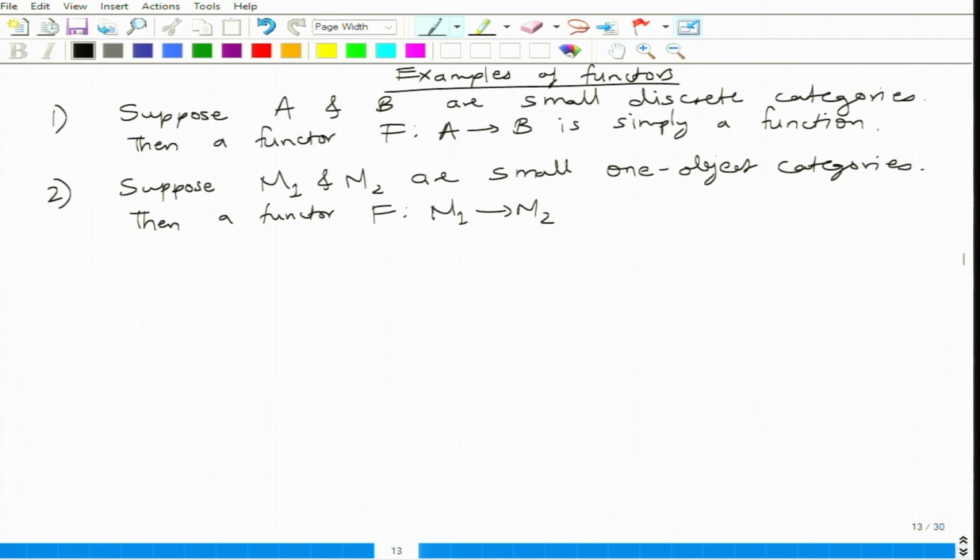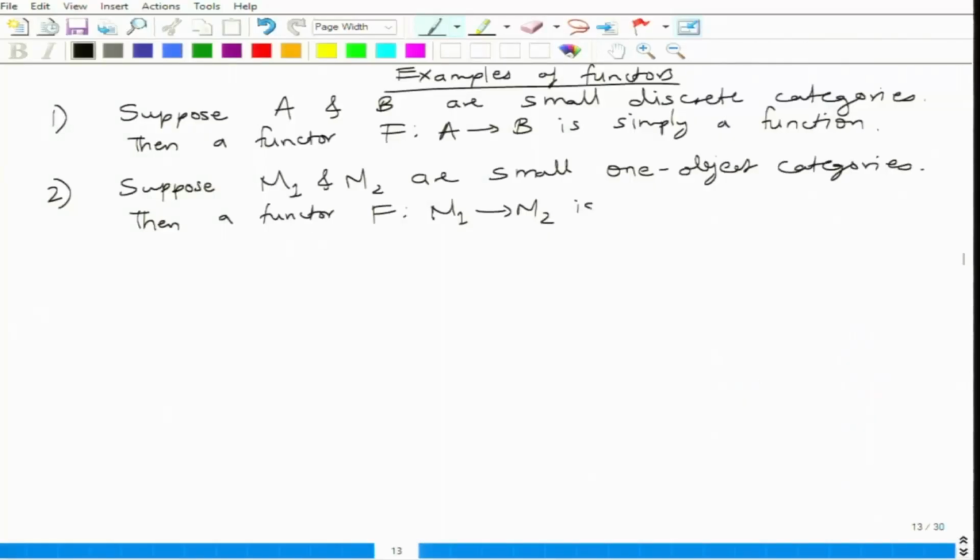It will take that object to that object. Yeah, there is nothing to do there. But it will take a morphism to a morphism. So basically it's taking an element of one monoid to another element in such a way that the identity is preserved, right? And composition is preserved, so that multiplication is preserved. So it's just a monoid homomorphism.